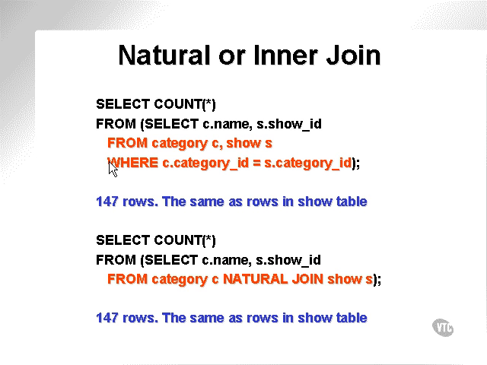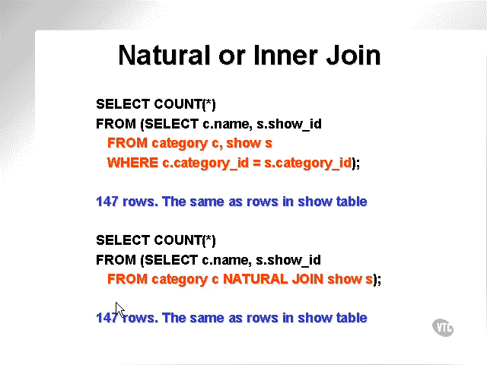For the Oracle proprietary version, we basically put in a where clause that matches the category IDs against each other between the category and the show tables. For the ANSI format, we simply change the words cross join to natural join.